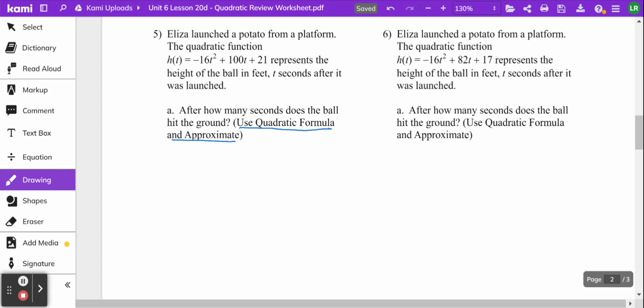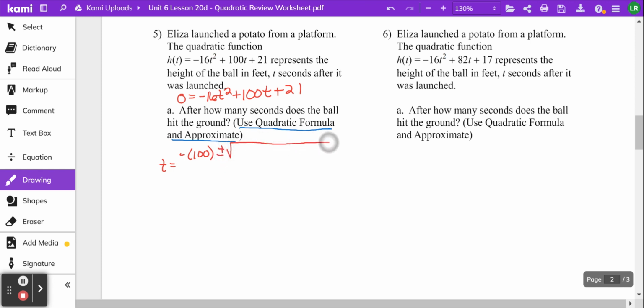Okay, so first thing, ground is 0. So let's plug 0 in for the h of t, and we have our quadratic to start with. We'll plug it into our quadratic formula. t equals negative 100. This is no different than the other problems we just did.